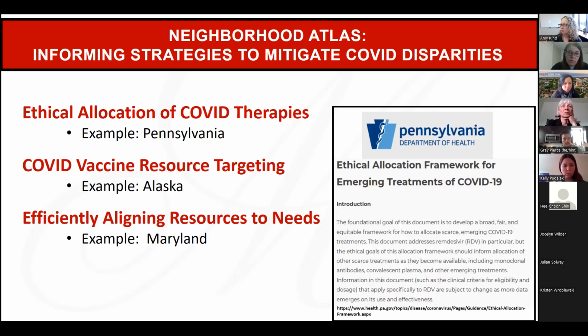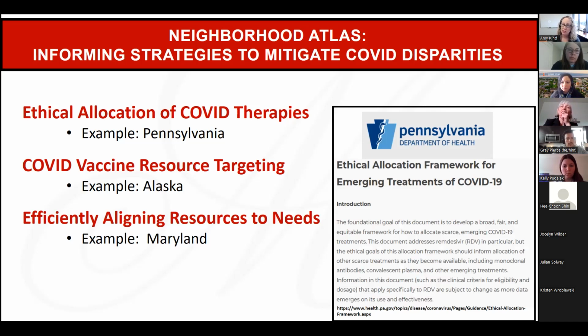Usually it's for a whole host of reasons. But just some examples. Pennsylvania was the first. Doug White led the charge here. He's a critical care bioethicist. And in March of 2020, he quickly realized that they needed some sort of a fair allocation algorithm if they were to run out of ventilators, run out of remdesivir, run out of medical therapies. And so he proposed an algorithm that would mitigate health disparities through inclusion of the ADI.